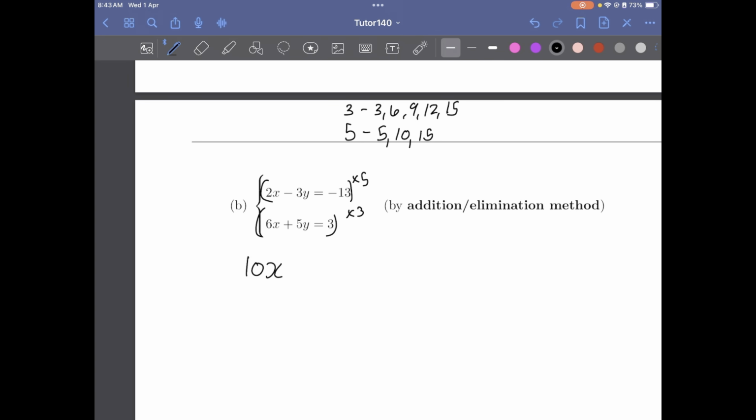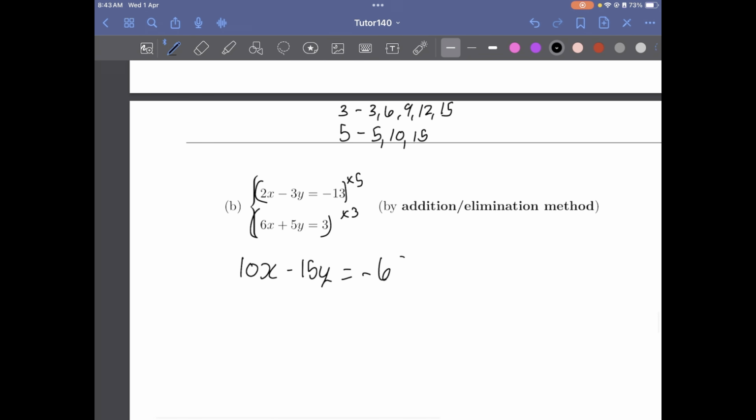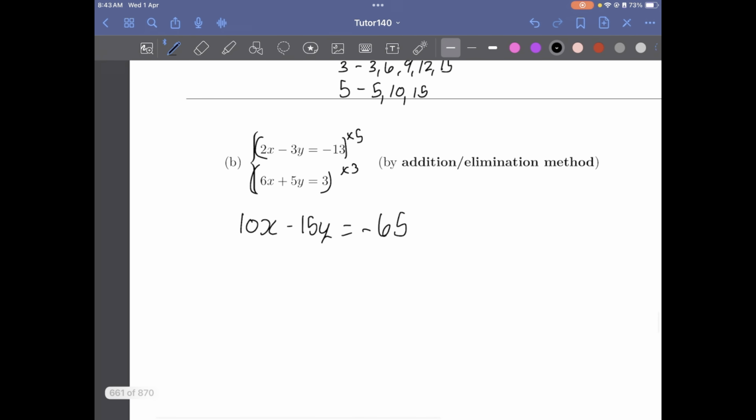So you have 10x minus 15y is equal to 13 times 5, which is negative 65. The next one is 6 times 3 is 18, so that's 18x plus 15y is equal to 9, right?